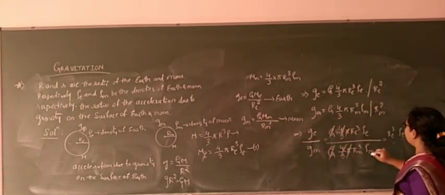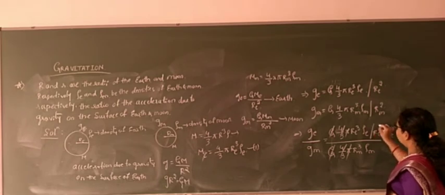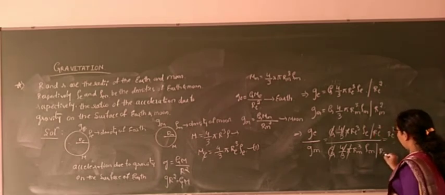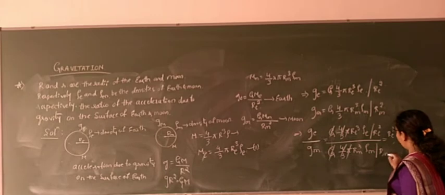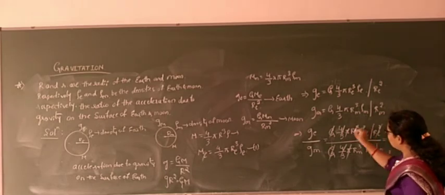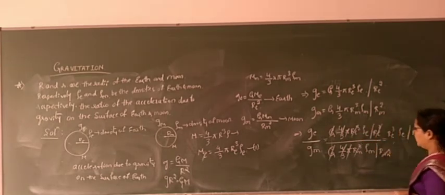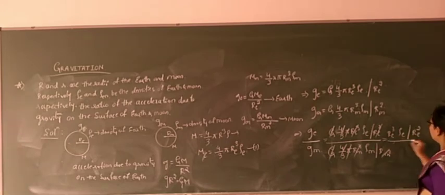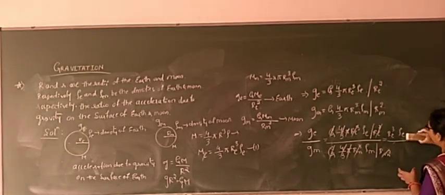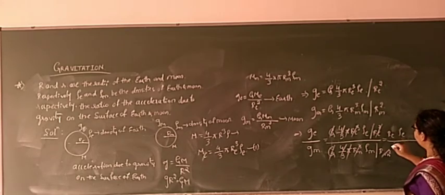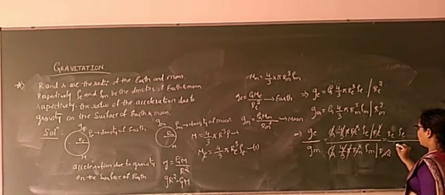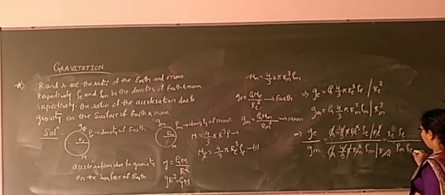So r_e square and r_m square, this and this one will get cancelled. So directly we write it here, remains with r_e, right? So r_m of rho_e here.